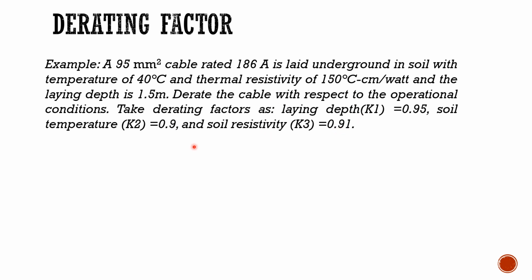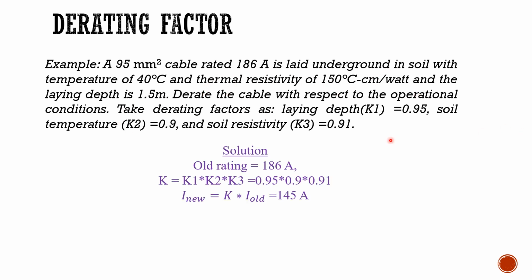So we are going to apply these to find the new rating of the conductor, because this 186 amperes is the rating of the conductor not considering that it is buried underground with all these conditions. Solution: the formula remains the same. Old rating is 186 amperes.